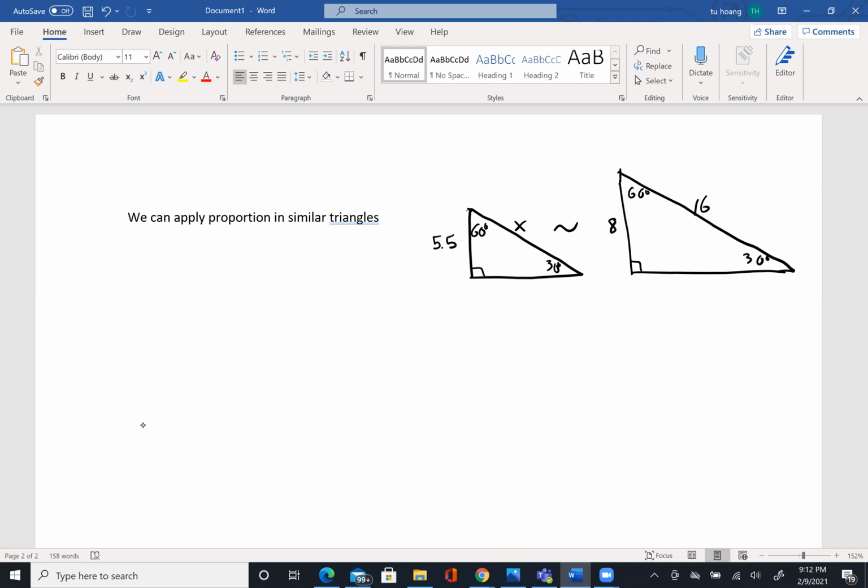Okay, so how can I do it? Okay, so we can use proportion.